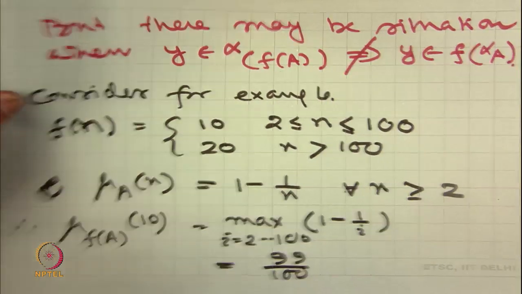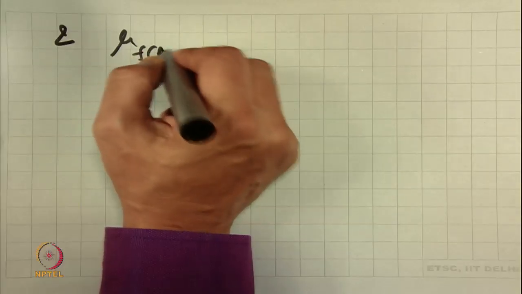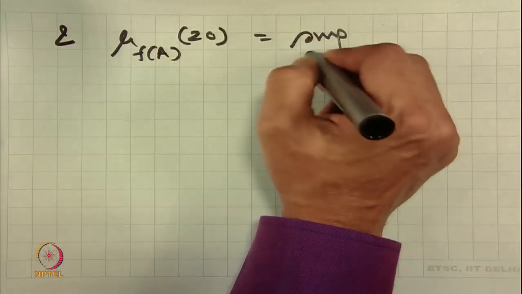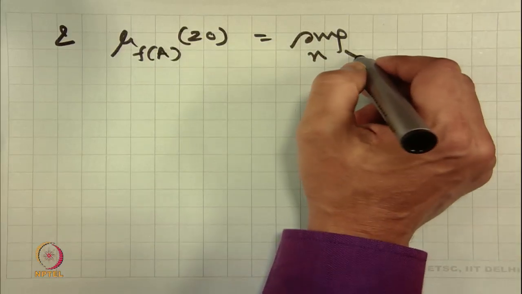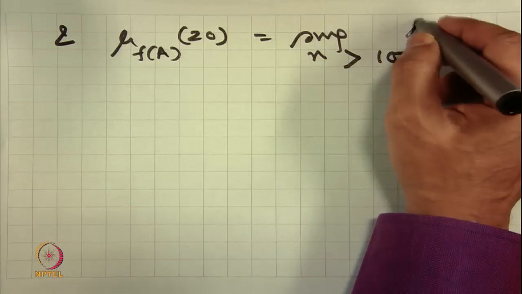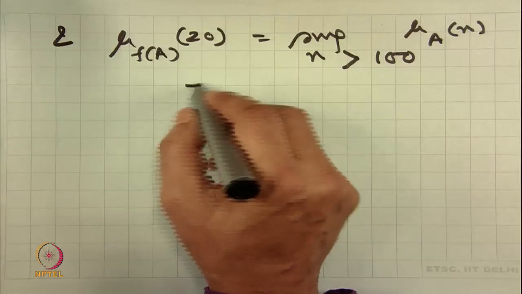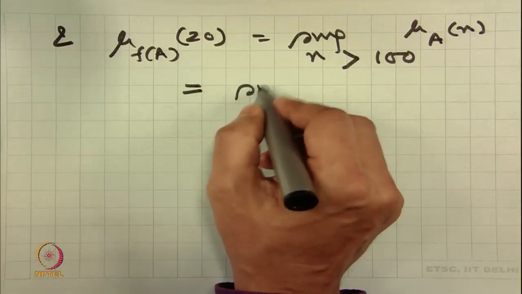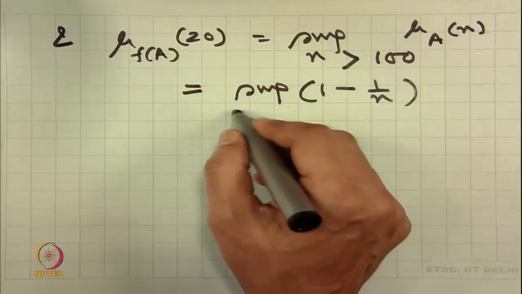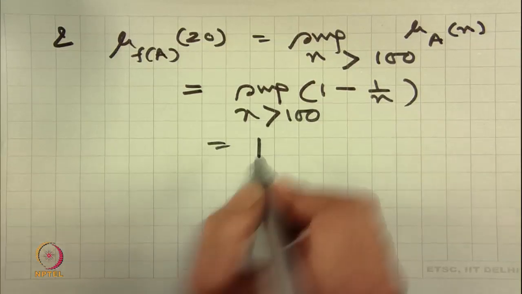Therefore, it is 99 upon 100, and mu f(A) of 20 is equal to supremum over n greater than 100 of mu A of n, which is supremum of 1 minus 1 upon n, n greater than 100, which is equal to 1.